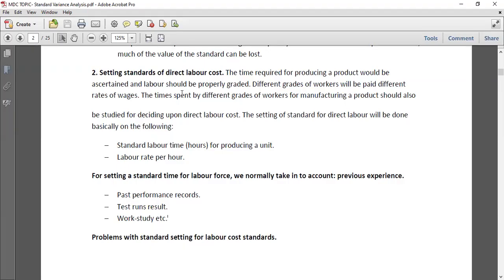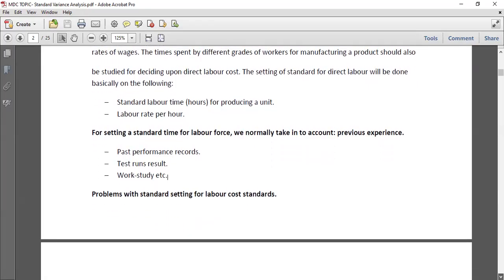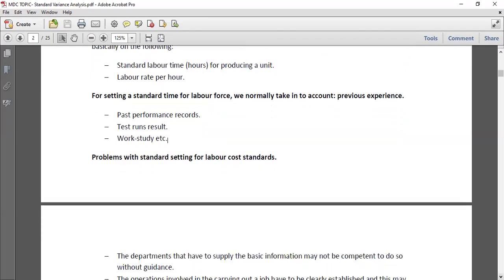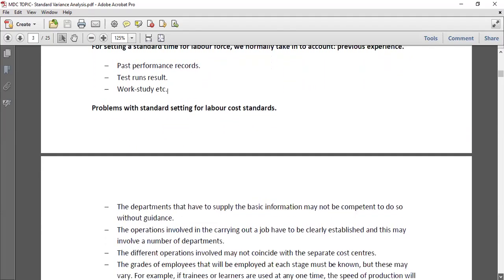If we are setting the standards for labor for year one, that would definitely be different from setting standards for period 2, okay? So it is very important that you take that into consideration.